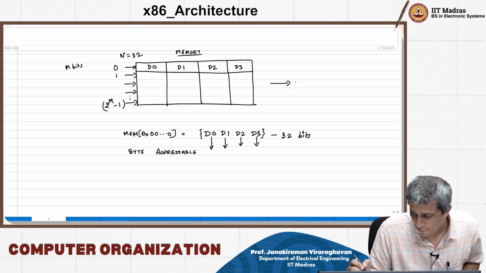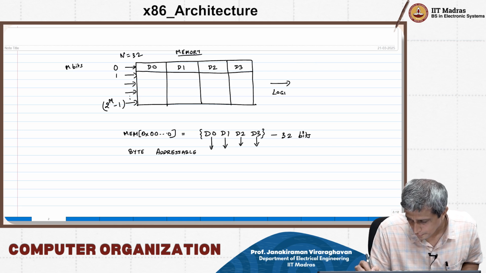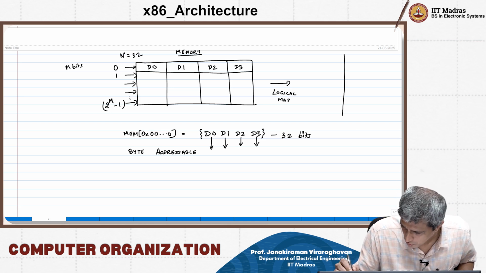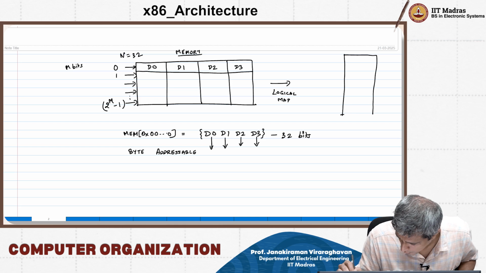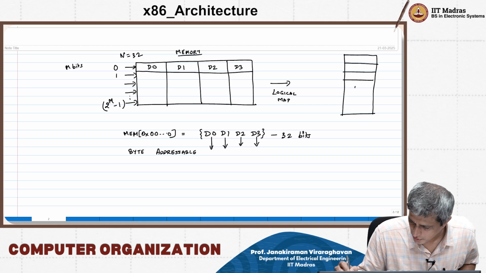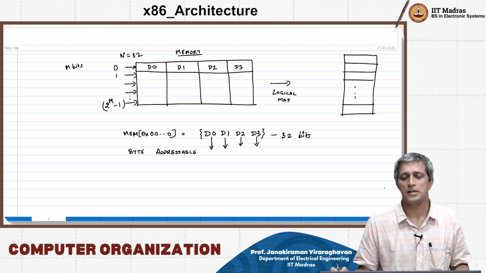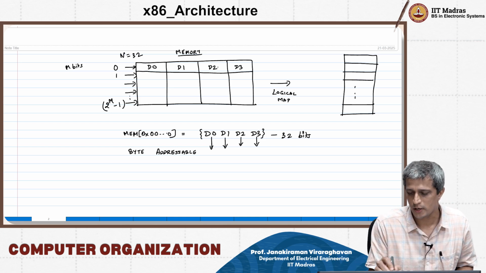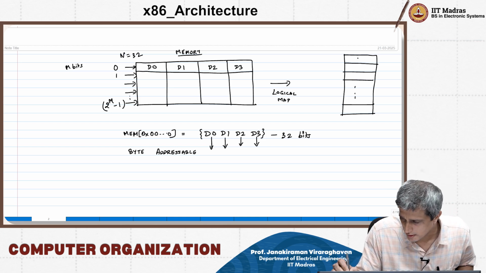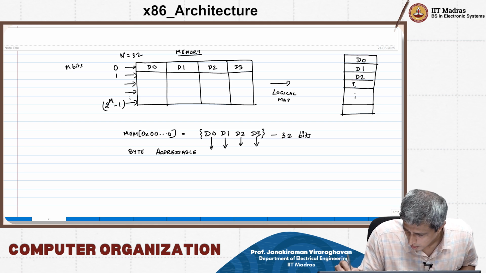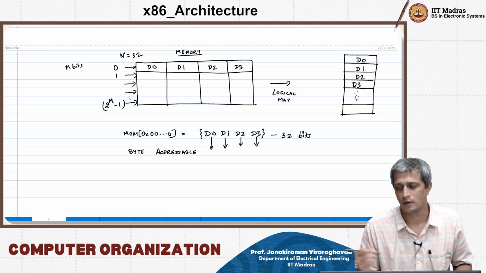So for this reason, the way to implement this we will discuss later, but in general this memory, let's say n equal to 32 here, I can define a logical map which is as follows. Each address gives me just 8 bits of information. Okay, so instead of D0, D1, D2, D3 being stored like this, it would be D0, D1, D2, D3 and then so on.